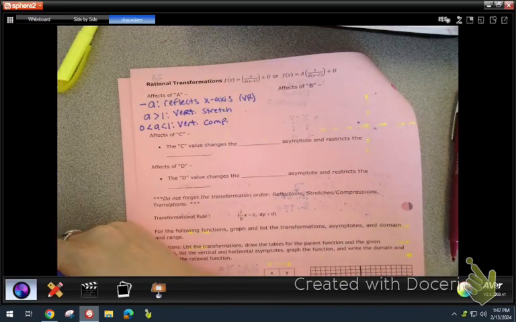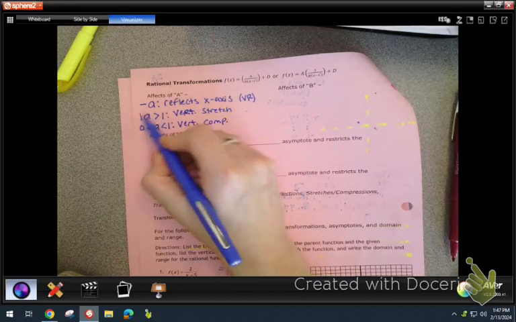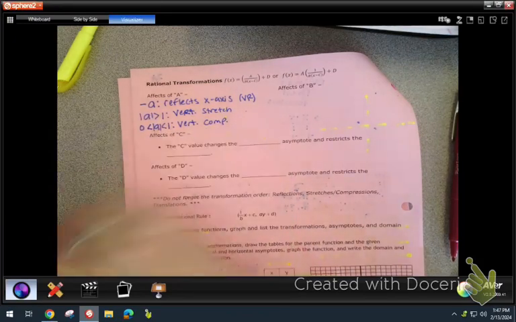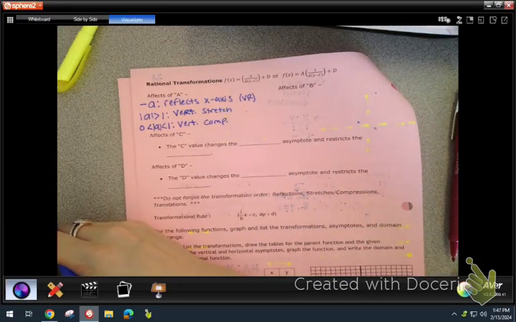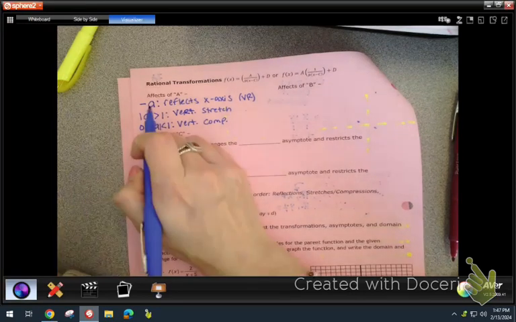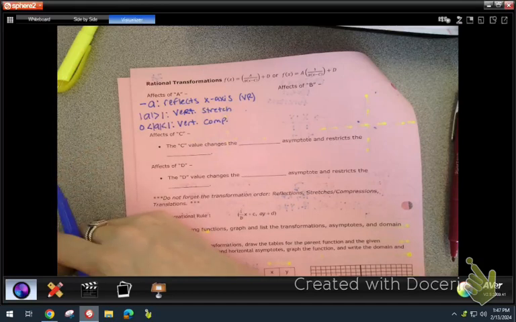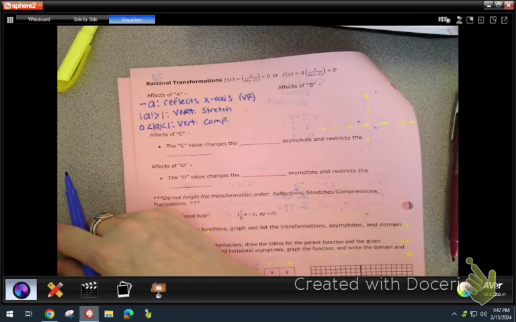You can abbreviate with these. Technically, there should be absolute value bars around these A's. What does that mean? You're just looking at the actual number itself. The negative does the reflection. Other than that, you just look at the number: is it bigger than 1 or between 0 and 1? Okay? We'll talk about B in a minute.